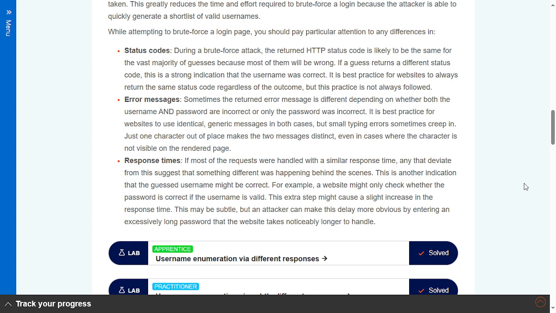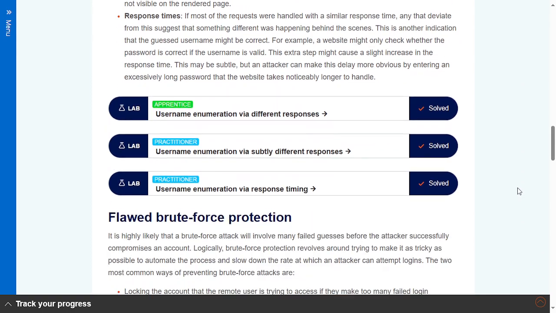For example, a website might only check whether the password is correct if the username is valid. This extra step might cause a slight increase in the response time. This may be subtle, but an attacker can make this delay more obvious by entering an excessively long password that the website takes noticeably longer to handle.